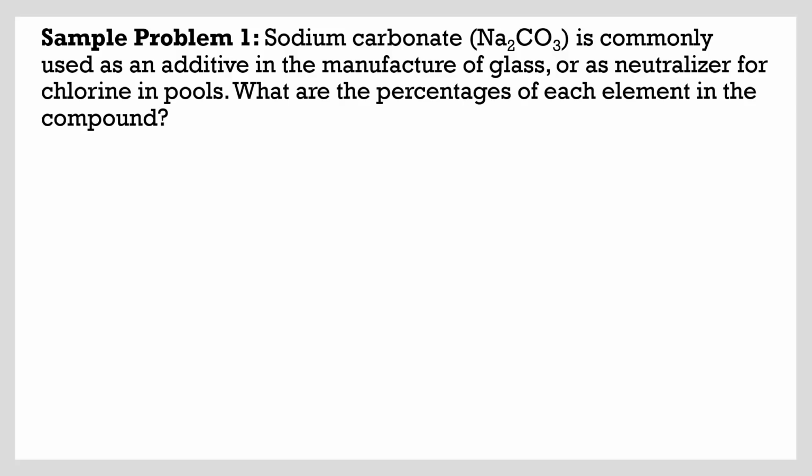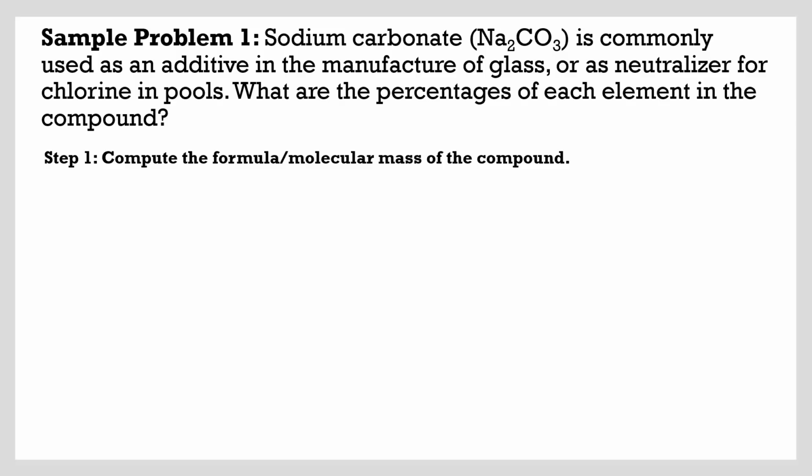The first step here is to compute the formula or molecular mass of the compound. If you take a look at the chemical formula of sodium carbonate, it has 3 constituent elements: sodium, carbon, and oxygen.